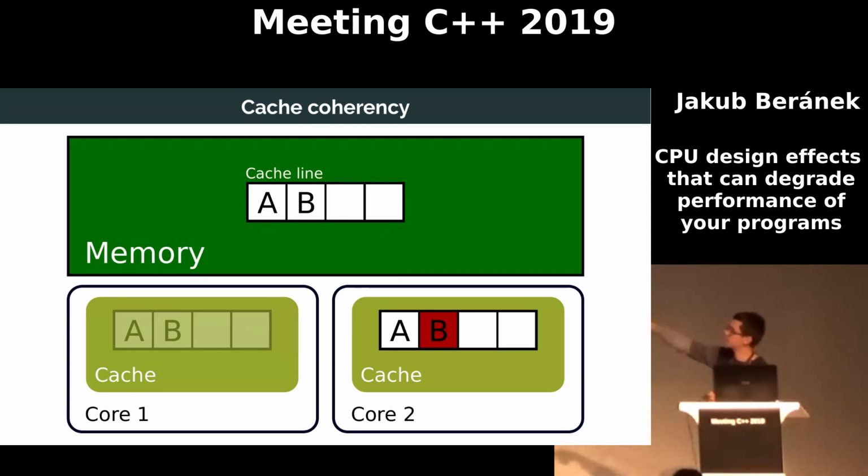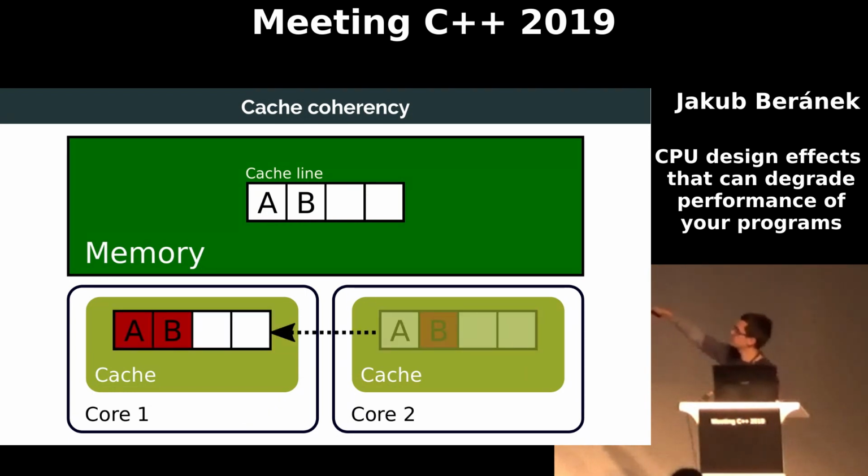Those 2 cores had to communicate, therefore synchronize somehow, to let them know that this should be invalidated. And what happens when core 1 wants to write A? Well, core 2 has to transfer its cache line, which contains the modified B, to core 1, so one form of communication. It has to invalidate its own cache line, because it is now changed by core 1. And all the other cores will also have to invalidate their potential copies of this cache line.